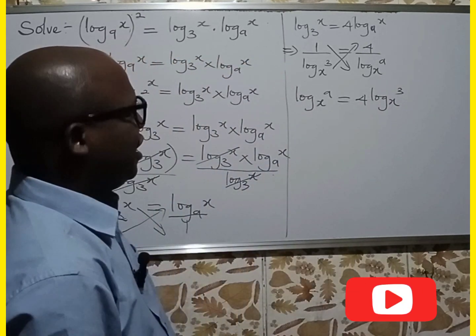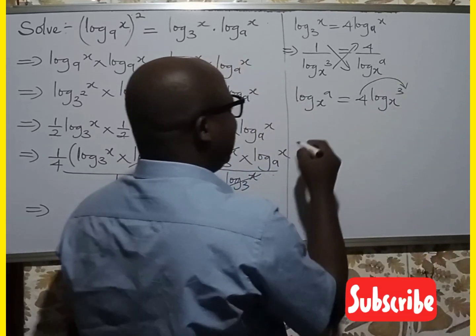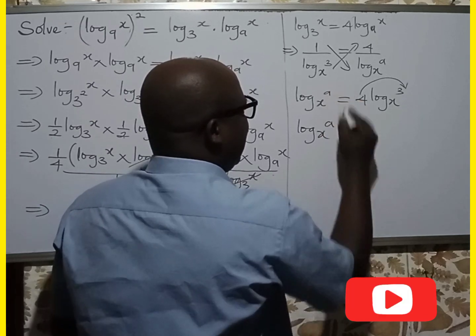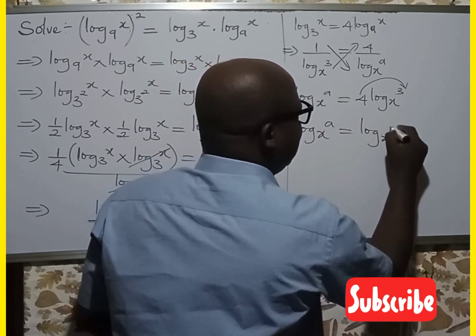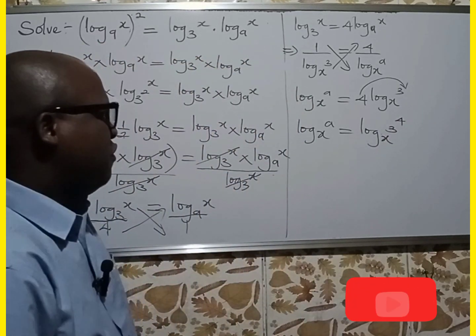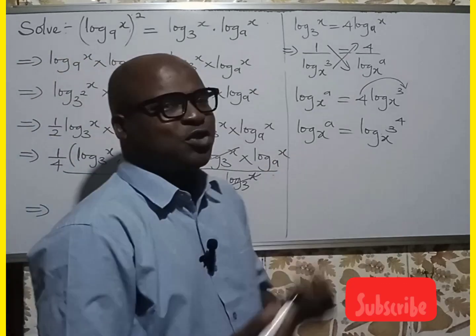So from here, I can now do what I wanted to do before. I can move this to the other side. That means I will have log_x a is now equal to log_x 3 raised to the power of 4. But if you observe very well, you will notice that log x is common to both sides.